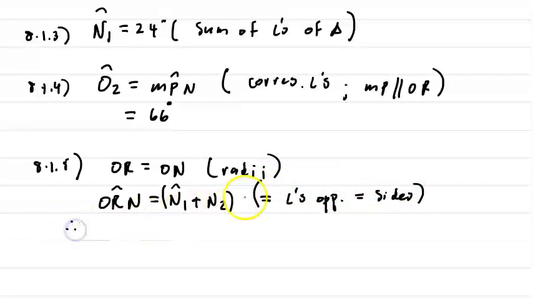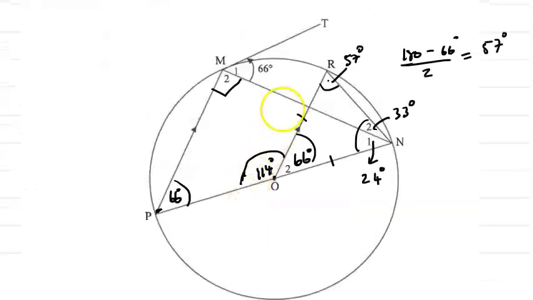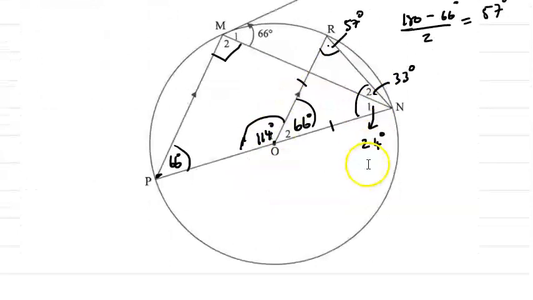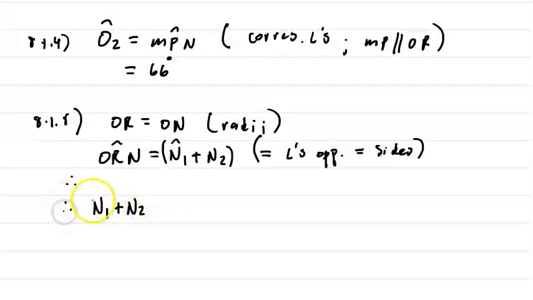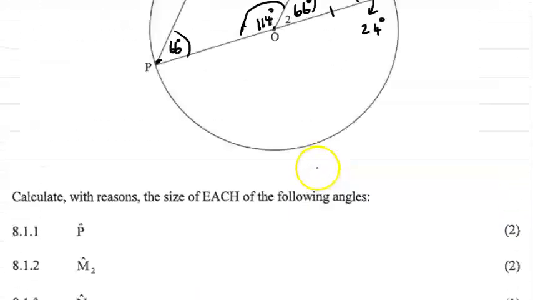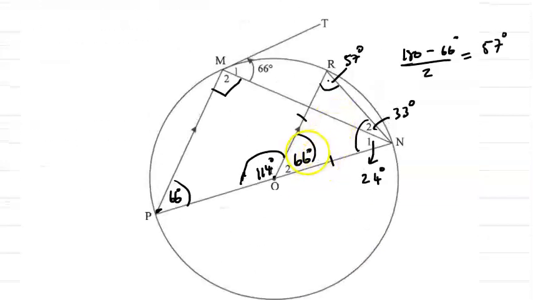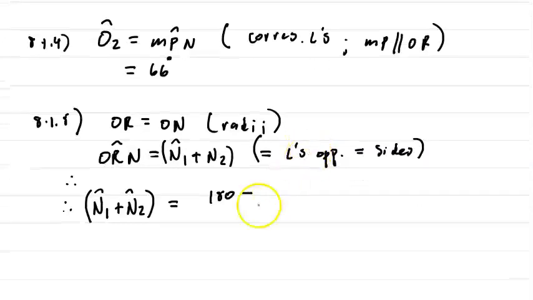Therefore, we can now say that N1 plus N2 is going to equal 180 minus 66, divided by 2. That is an isosceles triangle.